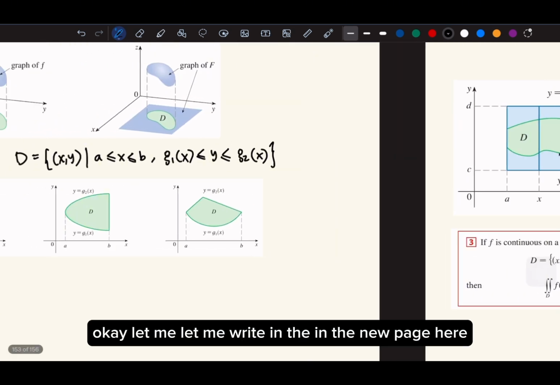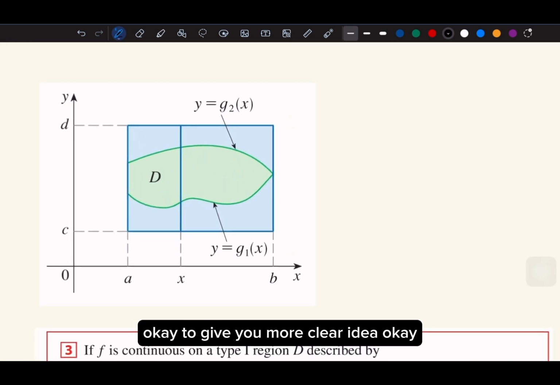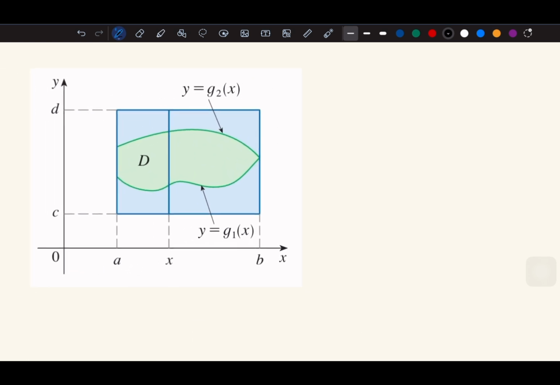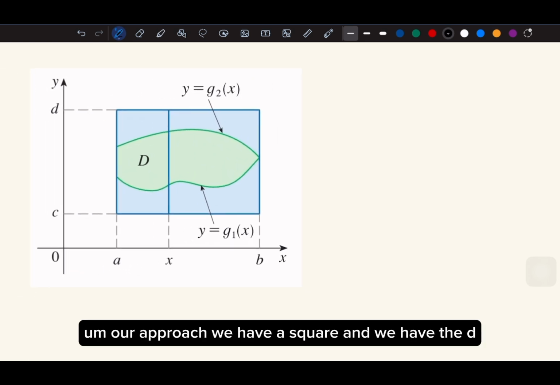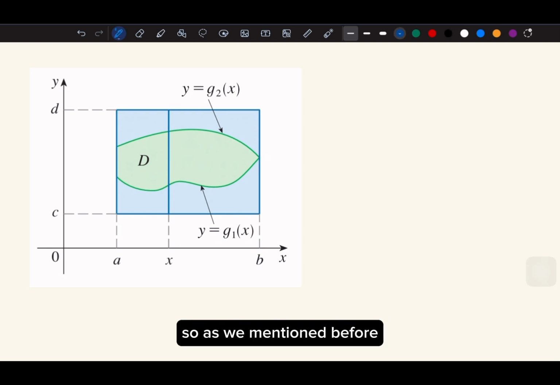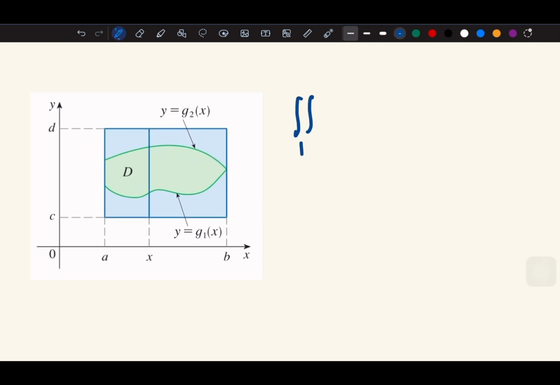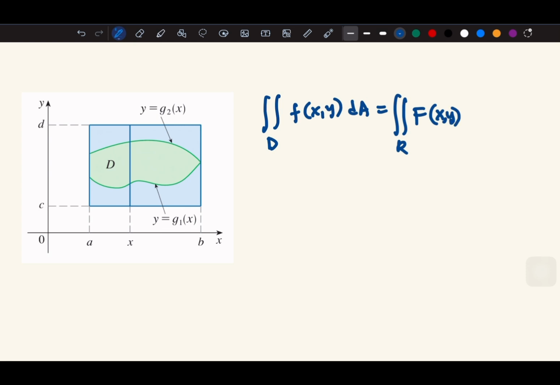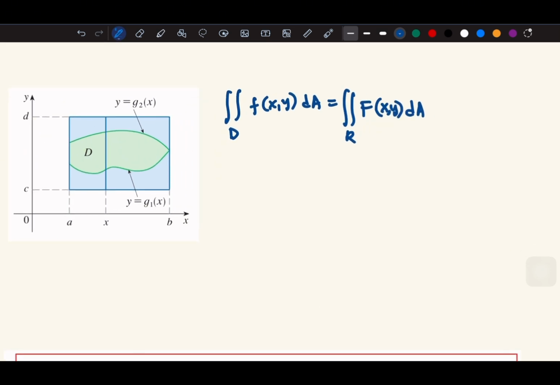Okay, let me write in the new page here, to give you a clearer idea. Okay, so let's say this is our approach. We have a square and we have the D. So as we mentioned before, the integral over D of f(x,y) dA equals the integral over R, and this is capital F, equal to the integral from a to b and c to d of F(x,y) dA.